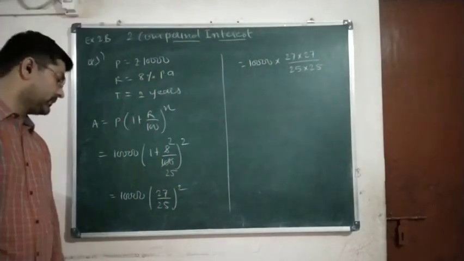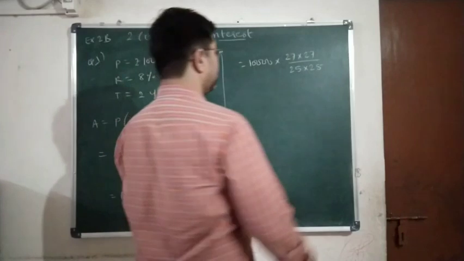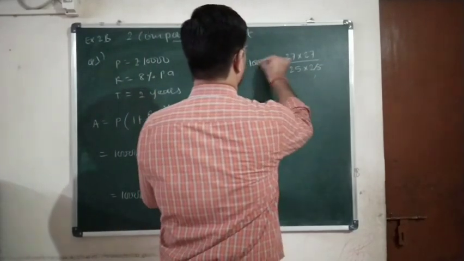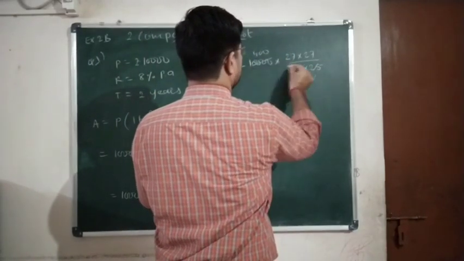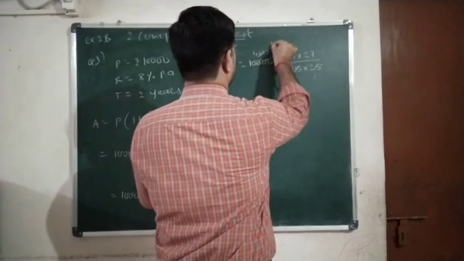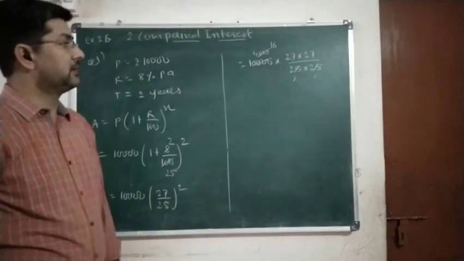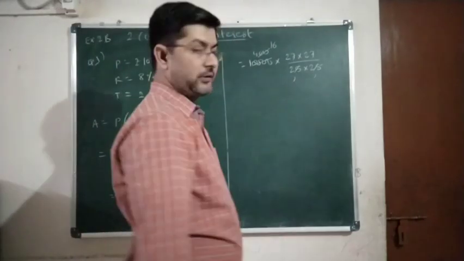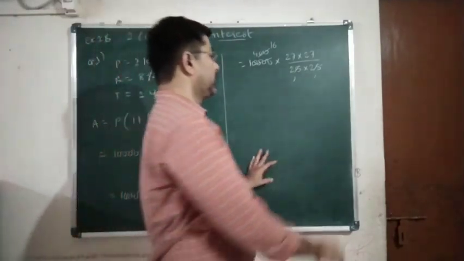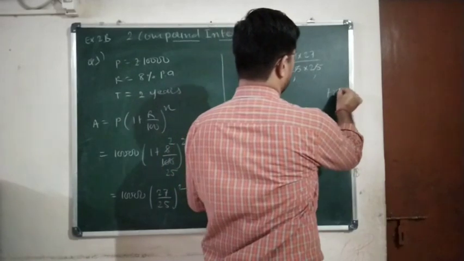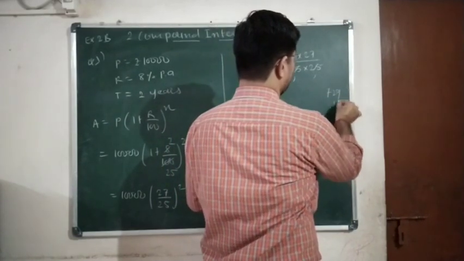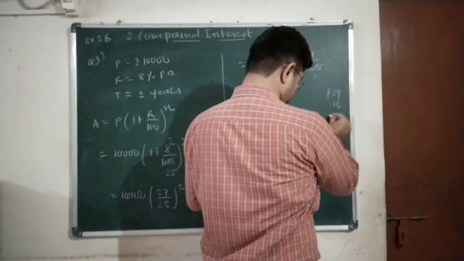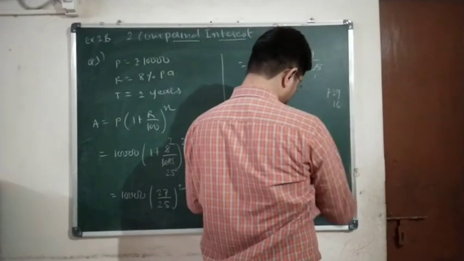Now let us reduce by 25. 25 400s are 10,000 and 25 16s will be 400. Yes or no? Now 27 squared is 729. So 729 multiplied by 16. Okay, let us multiply.